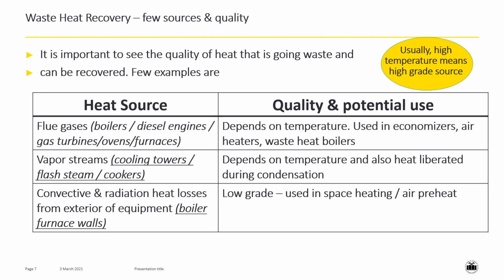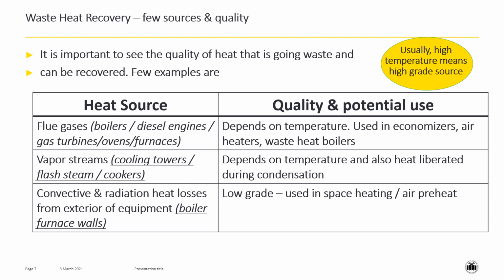Second heat source is vapor streams coming out from cooling towers or flash steam generated in the plant. Again, the quality depends on the temperature of these vapor streams and also the amount of heat that is liberated during the condensation of these vapors.